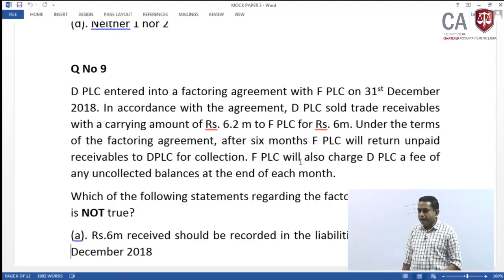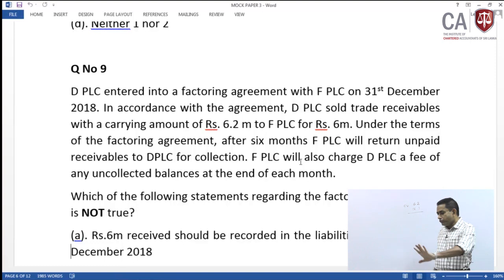Under the terms of the factoring agreement, after 6 months, FPLC will return unpaid receivables to DPLC for collection. FPLC will also charge DPLC a fee on any uncollected balances at the end of each month. Which of the following statements regarding the factoring arrangement is not true? Is not true, so you need to find the false one.